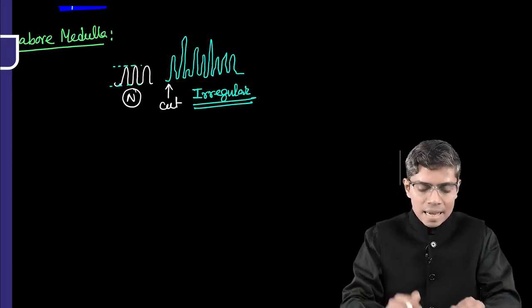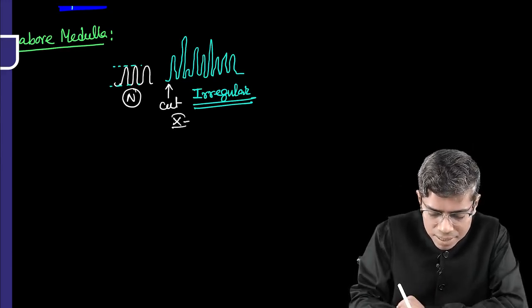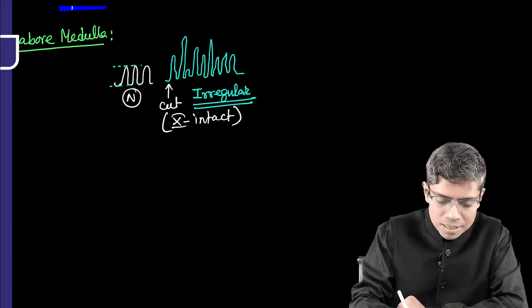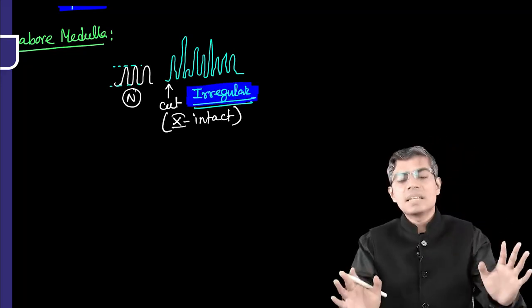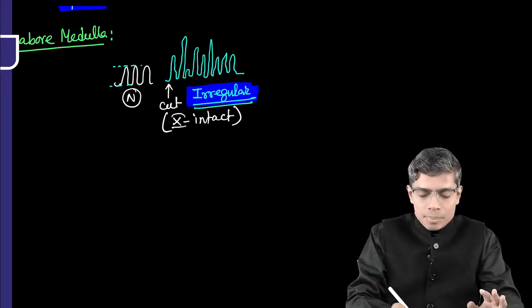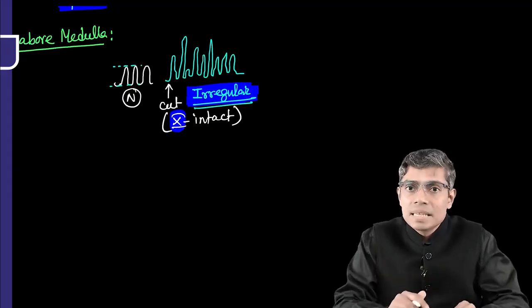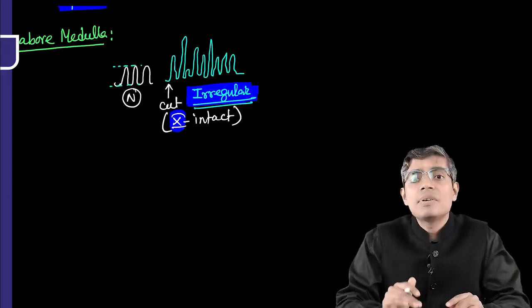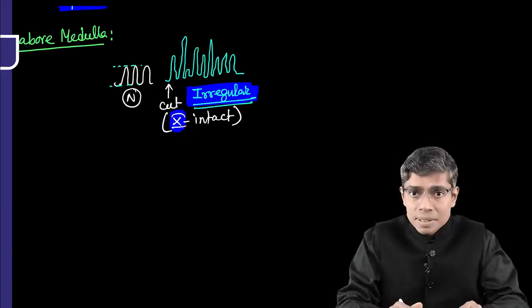Now suppose I have got this effect when my vagus nerve is intact. Suppose this is the effect, irregular respiration. If I give a cut above medulla, I am getting an irregular respiration, but I am assuming that the vagus is intact. Now if I give a cut additionally at the level of the vagus, will there be any additional effect?